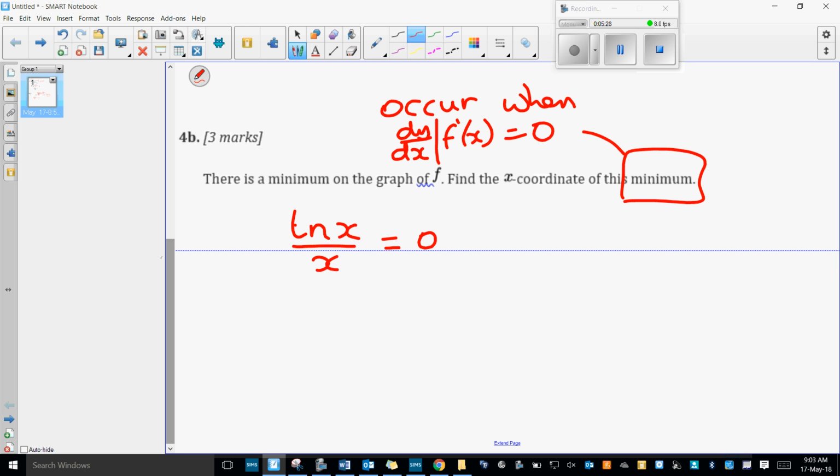What's our rule for solving equations? If I've got something divided by something, what's the best thing? Multiply it out. We want to get rid of it, don't we? So we want to get rid of this divide by x, so we multiply both sides by x. What happens when we multiply x by 0?